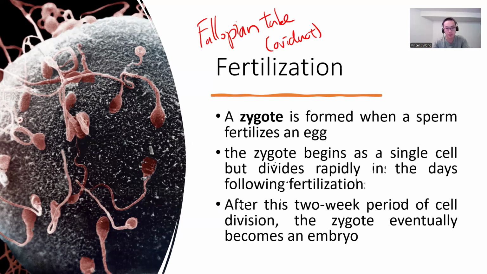So if sperm is available, it will meet the egg inside the fallopian tube, and once the egg gets fertilized, then we have a zygote. A zygote is the first cell that you get after the union of the sperm and the egg, and this is diploid, 2N. And then the zygote will rapidly divide in the coming days following fertilization, and eventually it will become the embryo and in turn develop into the fetus or the baby.